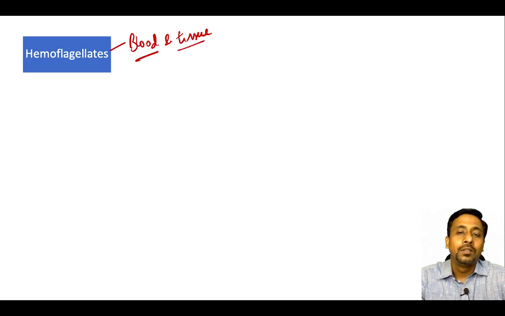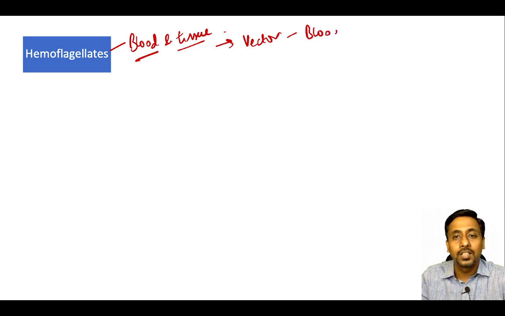So for the transmission of these flagellates from one person to another, it has to be through a vector, and this vector should be a blood sucking vector, because these flagellates are present in blood and tissue.